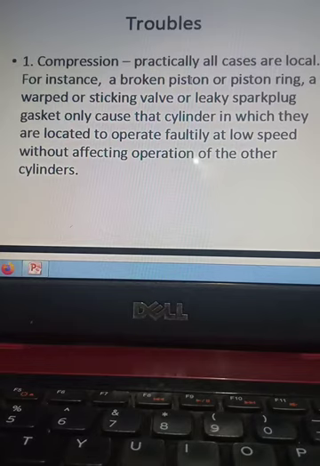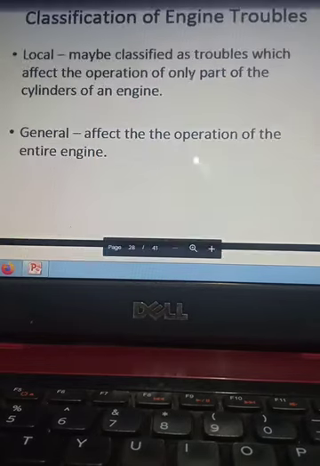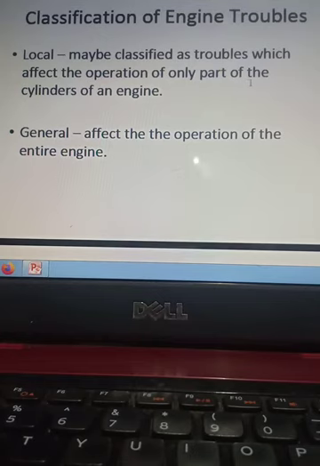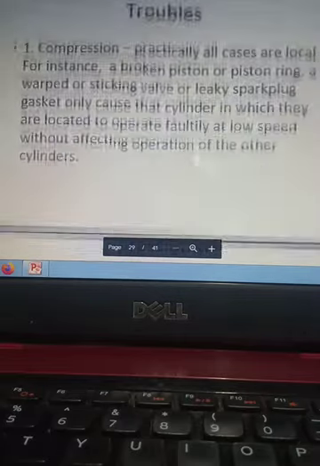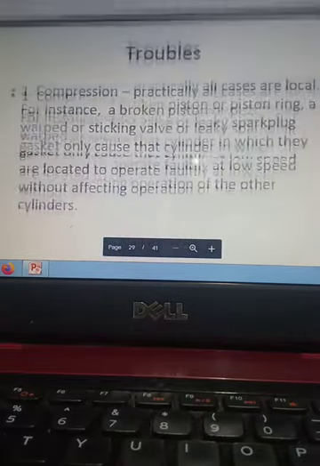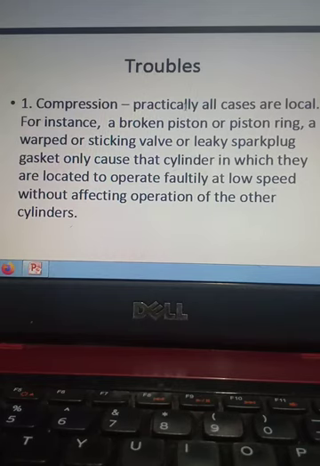No? Unsa gani itong local? Only one part of the cylinder of an engine. No? It affect the operation only part of the engine. So in the case of compression troubles, practically all cases are local.